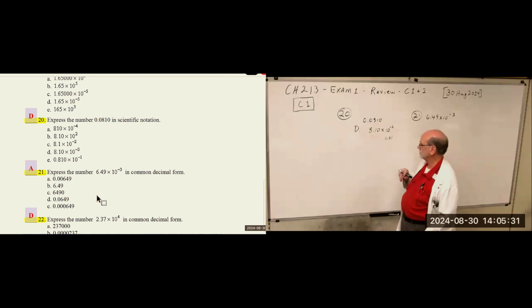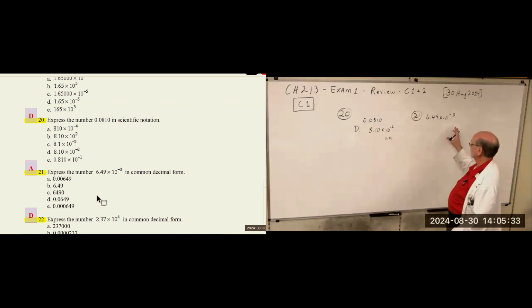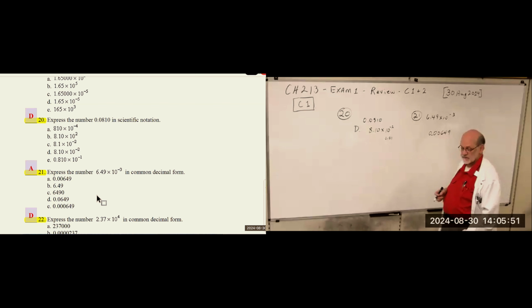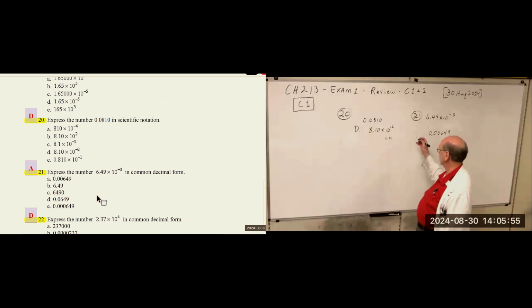This one has 3. We want to convert this one. We know we're going to go to the left because that's a negative power. I just put a bunch of zeros out there so we can move 1, 2, 3. So that should be the number 0.00649. That's A.